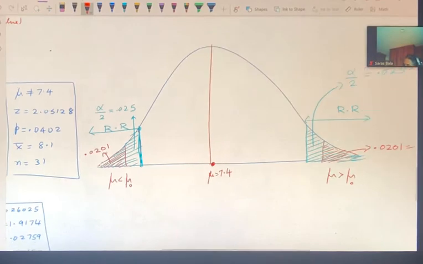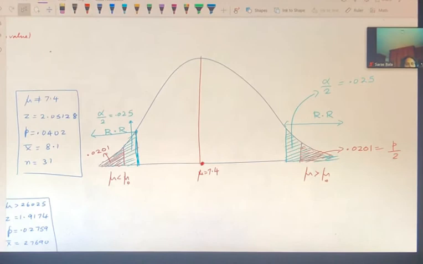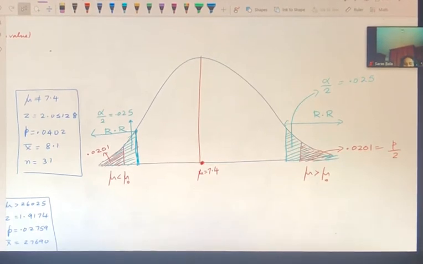My probability is also going to be divided in my diagram. The p-value is 0.0402. That is going to be divided to both ends, which is p over 2 because it's a two-tail test. And the same way, my alpha is also going to be shown on both ends because it's a two-tail test.